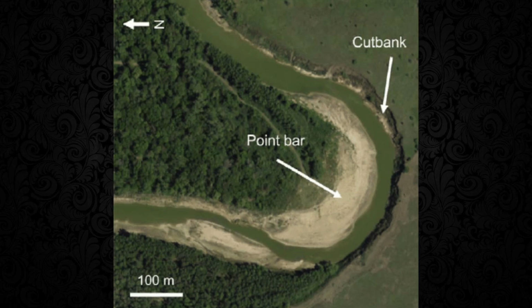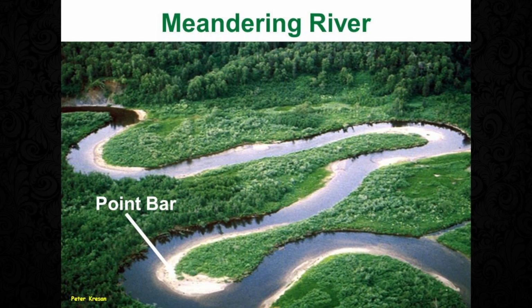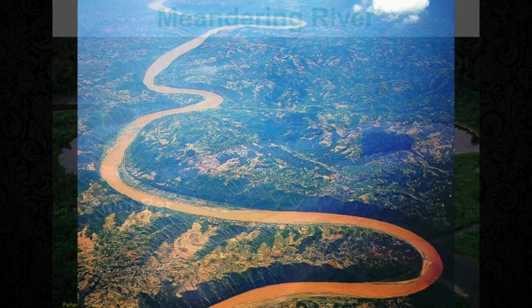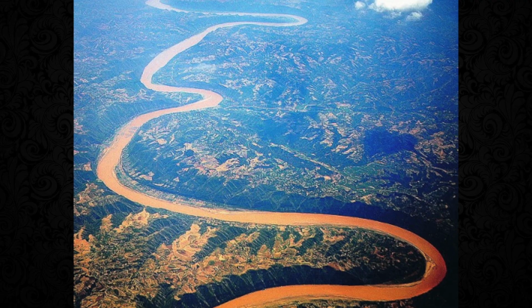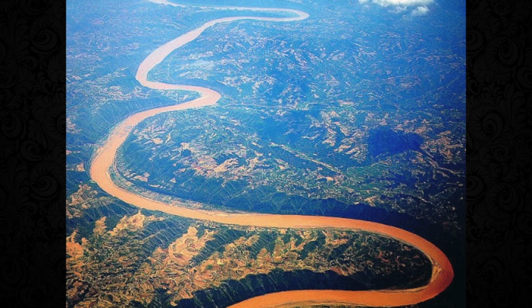Point bars are also known as meander bars. Since these deposits occur on the point of the meander bend, they are called point bar deposits. They are found on the concave side of the meanders of large rivers and are sediments deposited in a linear fashion by the flowing rivers along the banks.